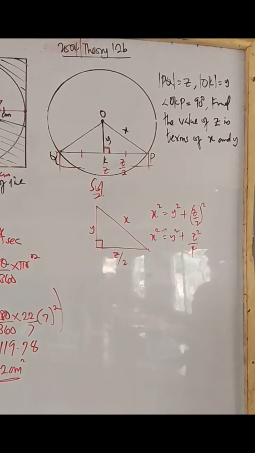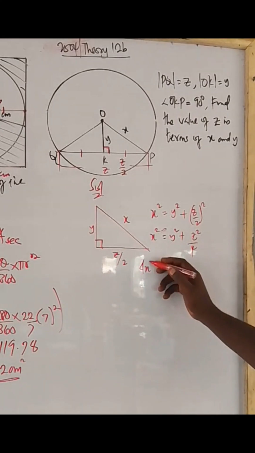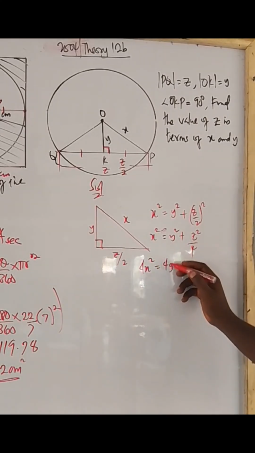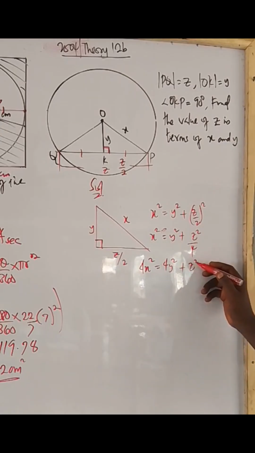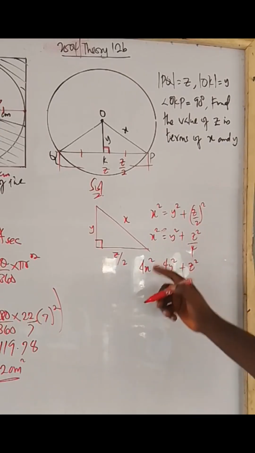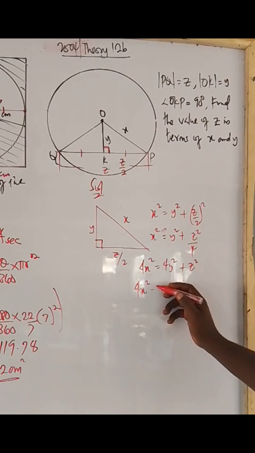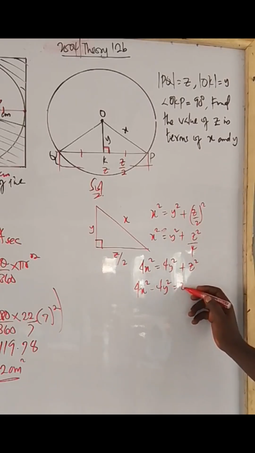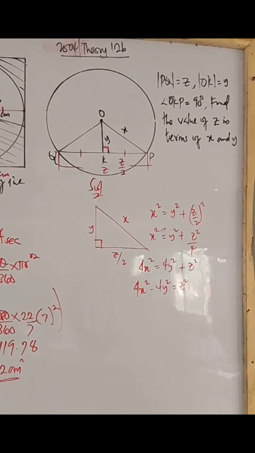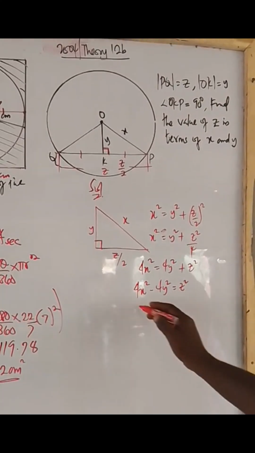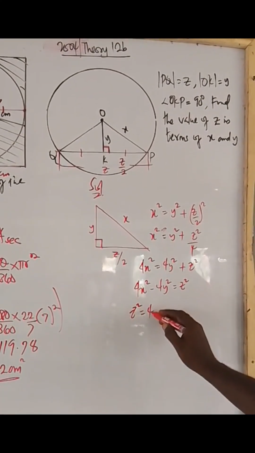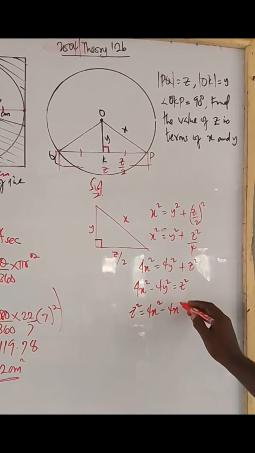We can multiply by 4. This becomes 4x squared equals 4y squared plus z squared. It means 4x squared minus 4y squared equals z squared.